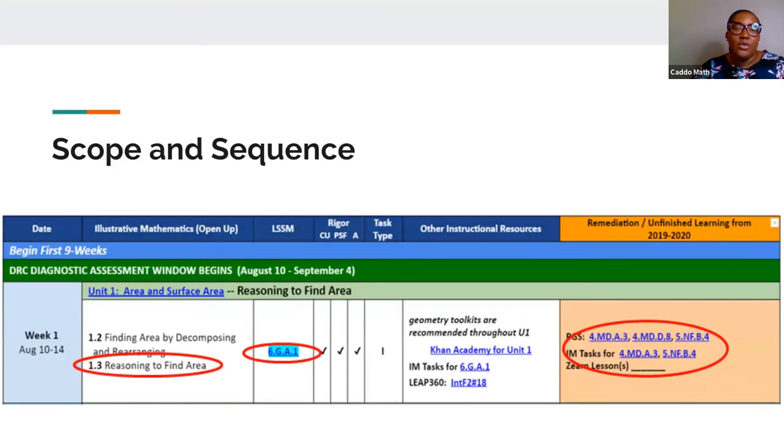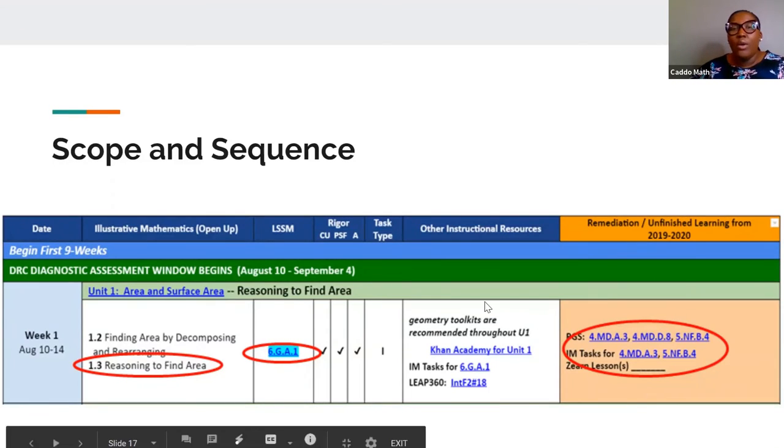In the instruction, of course, if we go to the scope and sequence, it gives us our unit, the lesson that we're going to do, and the standard, the on-grade level standard. It also gives us a lot of good information about where we can go get other instructional resources and what we can use for unfinished learning or remediation.